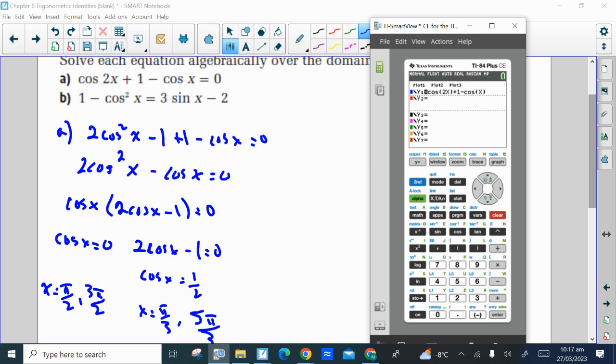We'll set our window between 0 and 2 pi, and maybe we'll go a little bit left of 0, say negative pi on 2 as our x minimum, and a little bit greater than 2 pi, maybe 2.5 pi. And we'll set our scale at pi over 2.